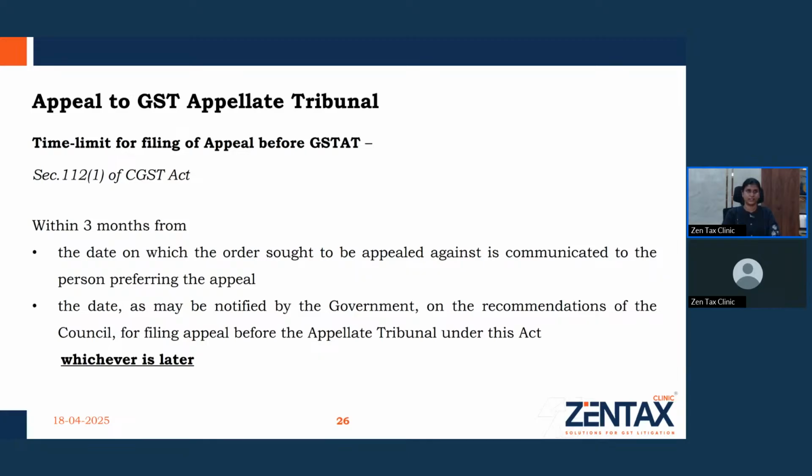That is, the time limit is within 3 months from the date on which the order sought to be appealed against is communicated to the person preferring the appeal, or the due date as may be notified by the government on the recommendations of the council for filing appeal before the appellate tribunal under this act, whichever is later. So the time limit for filing appeal is 3 months from the date of the order, or the date notified by the government, whichever is later.